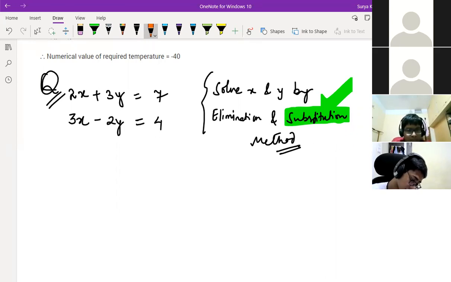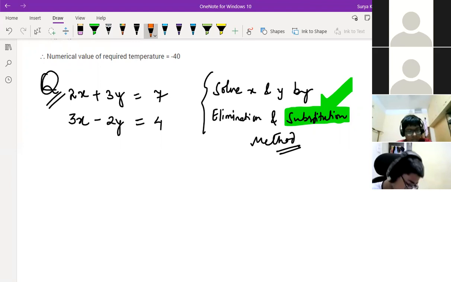Pulastya, did you get the answer by both methods? "I got the answer." "Sir, I didn't get the elimination method, sir. Could you explain the elimination method?" Yeah, I'll tell you.